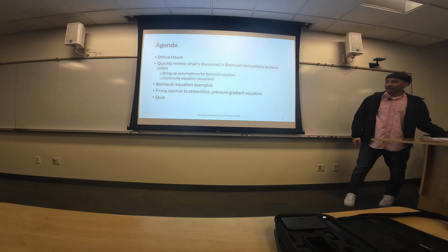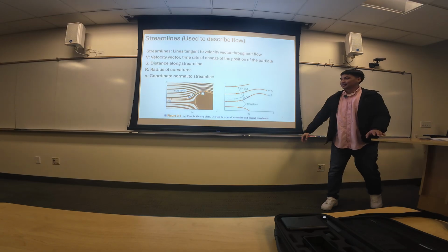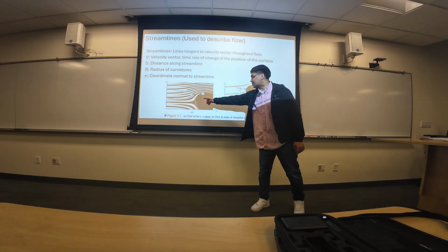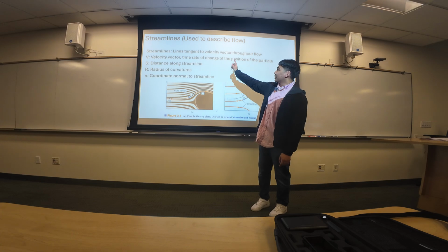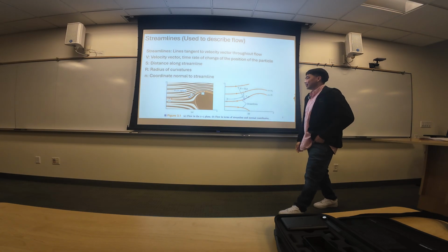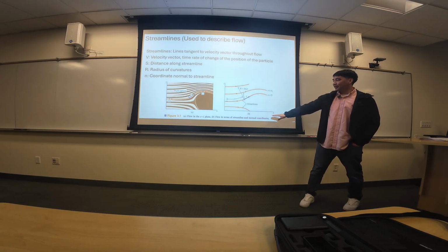Okay, so I'm going to breeze through what I talked about in the video. If you haven't watched it, I'd say just watch it. So these are streamlines, right? Essentially, this is the figure of a streamline. They're lines tangent to the velocity vector, which is this v, okay? And this is the graph of the streamline in the z-x plane.